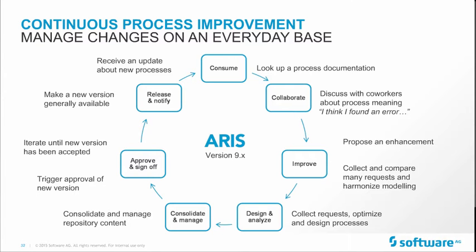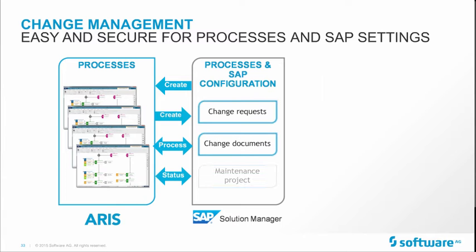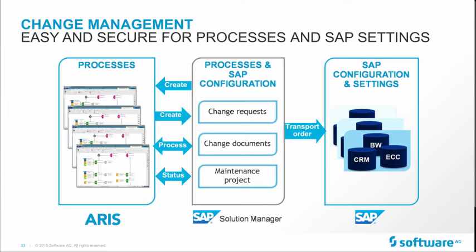If we have a look at this process improvement and change management process in more detail from an SAP perspective, of course, you may have some process changes, you may have some legal changes, as I said before, but you also may have some technical changes. Maybe the SAP system has changed.